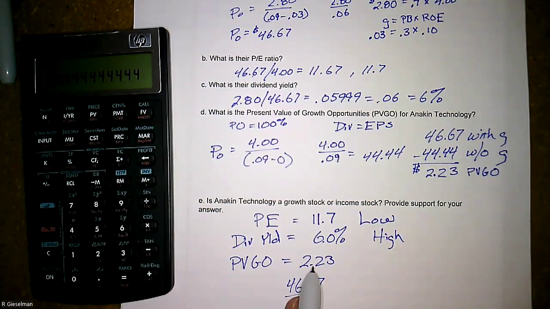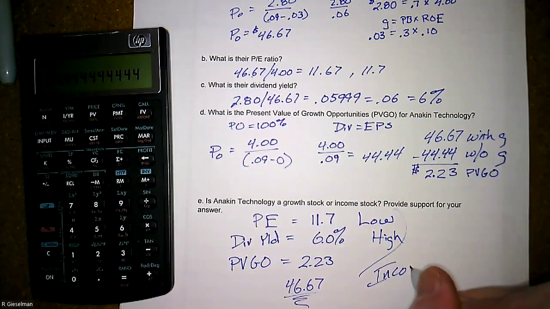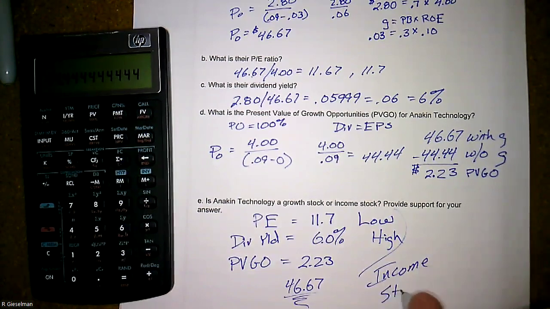So a very low present value of growth opportunities relative to the price of the stock would also indicate an income stock. So based on all of these measures, this is very much an income stock.